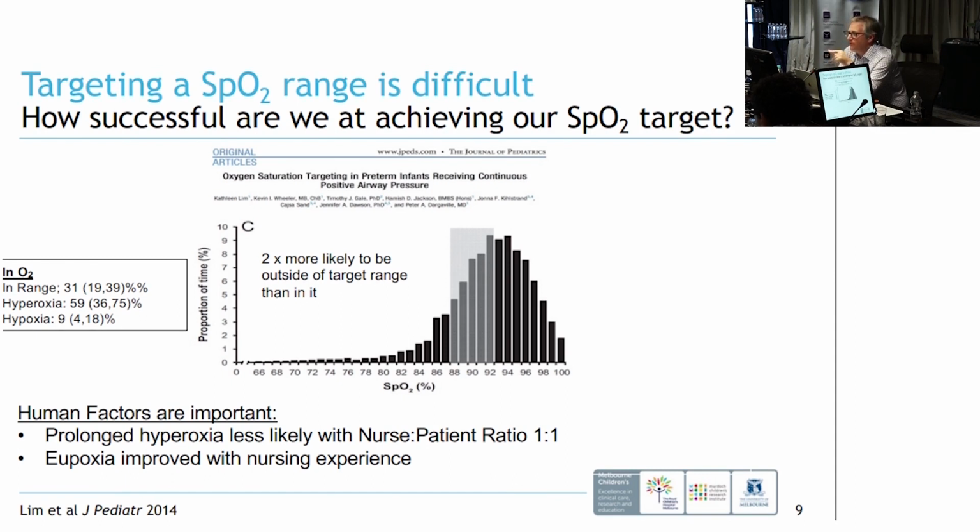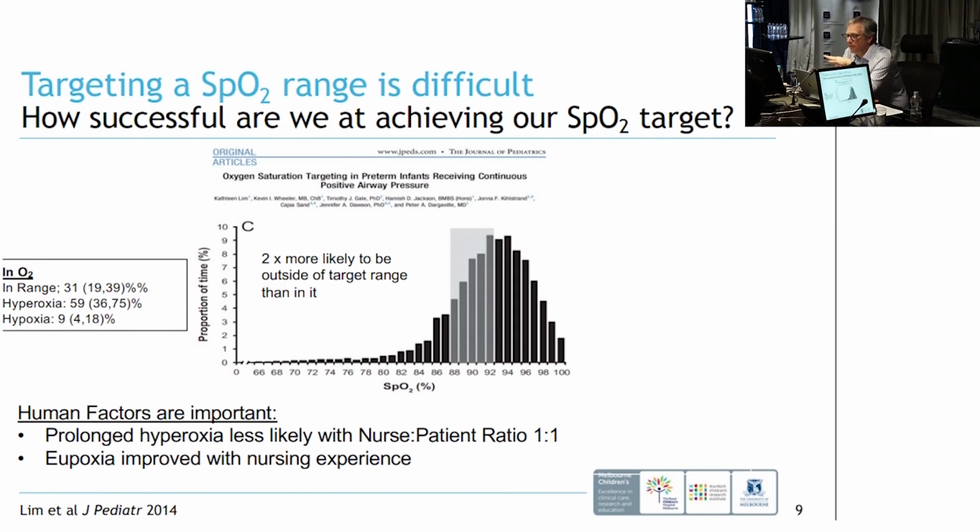And you can see here this histogram, which you'll see a lot on this slide, which after the end of the study, they then downloaded all the saturations from the babies and showed the frequency of saturations and the proportion of time there. And you could see that they were only in the desired range for about a third of the time. So a third of the time babies had their saturations where they were meant to be.